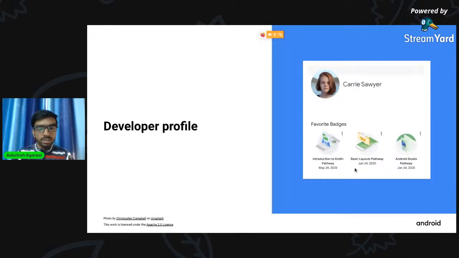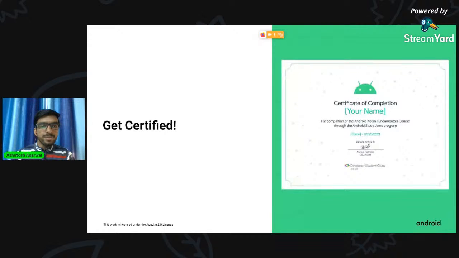All the badges that you earn are added to your Google Developer profile, and these can be used to showcase on your LinkedIn or any social media profile. So it's very amazing to have such badges. After getting all the badges, you get a certificate by DSC. This is how our certificate looks.